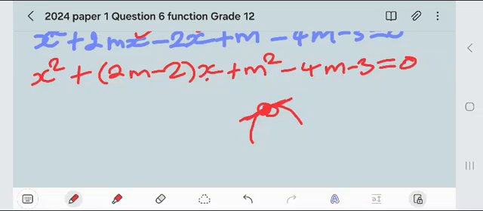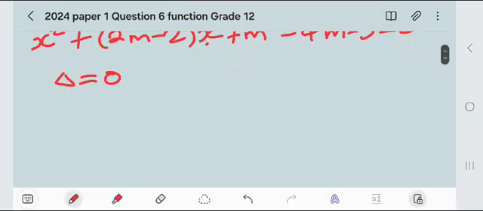If we have equal roots, or one root, we know it's when our delta is equal to 0. Remember your nature of roots. So our delta must be equal to 0.